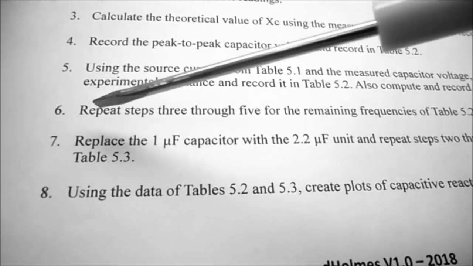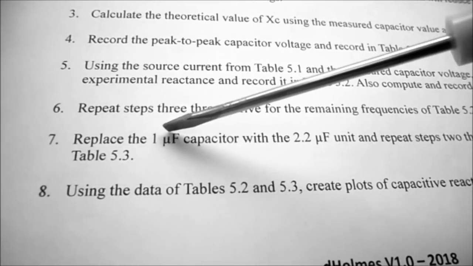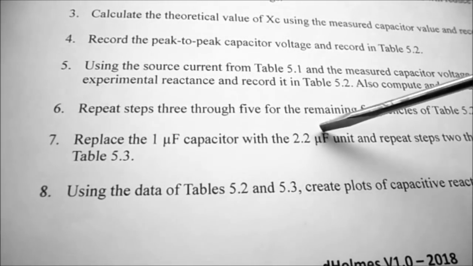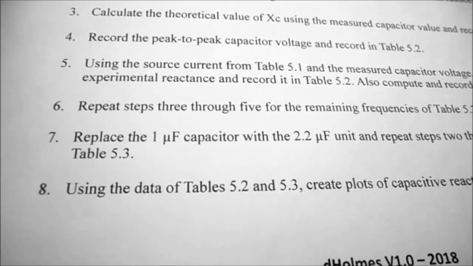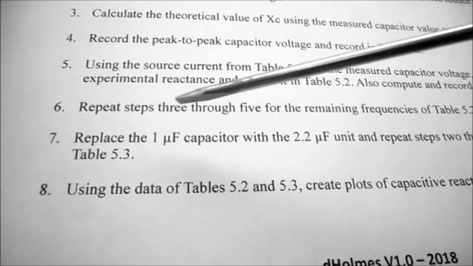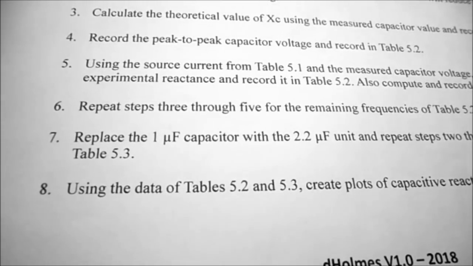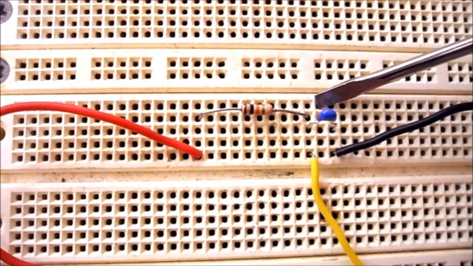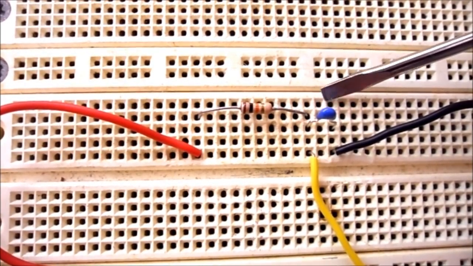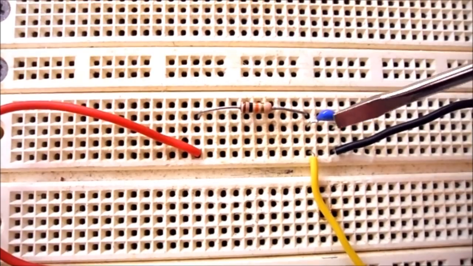In step 7 of the procedure, we're going to replace the 1 microfarad capacitor with the 2.2 microfarad unit and repeat steps 2 through 6, recording the results in table 5.3. I've replaced the 1 microfarad capacitor with the 2.2 microfarad capacitor that's labeled 225 on the package.